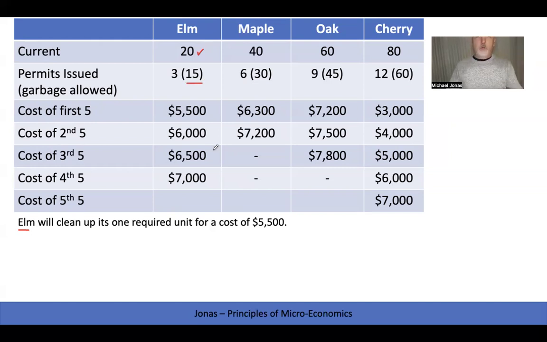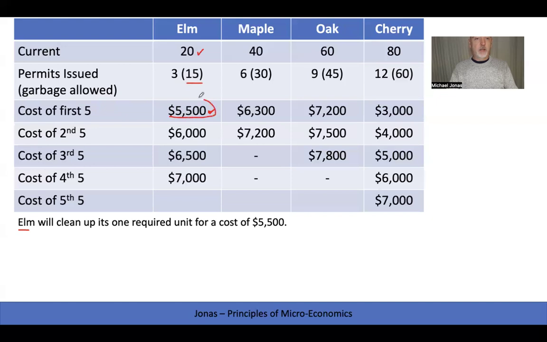Now, it could avoid cleaning up that one group of 5. Right? It's going to cost $5,500 to clean it up, and that's the most it's going to be willing to pay for a permit to avoid cleaning that up. But since that's a relatively low number, and as we'll see, there's not going to be a trade that's going to be able to happen there, it's going to go ahead and clean up that first unit, right?